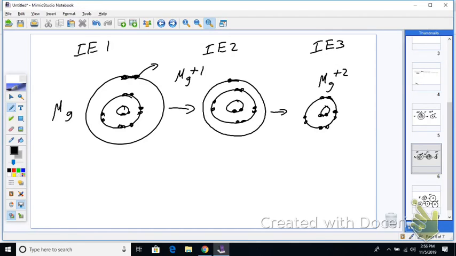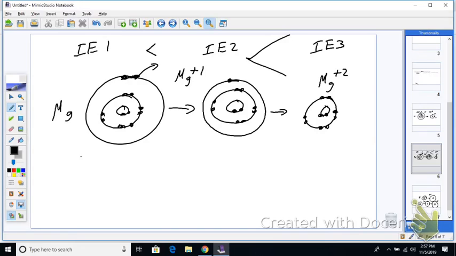Of course, I'm going to use a greater than sign, and less than sign, but I'm going to show it by size. So I'm going to say this little one is that IE2 is a little bit bigger than IE1. Okay? But when I get to the IE2 to IE3, there's a big change.